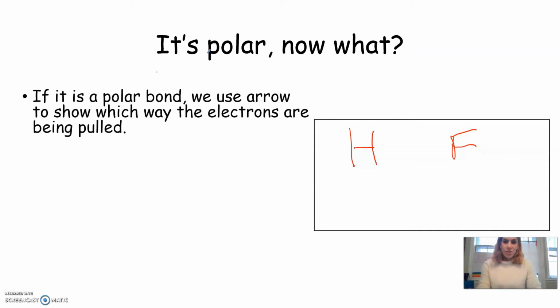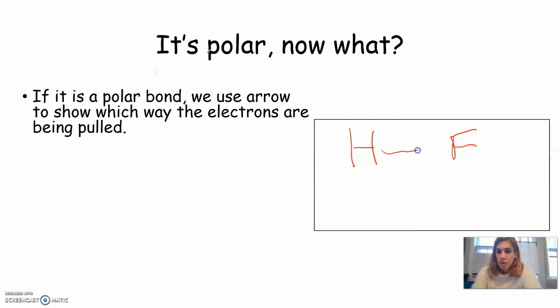So if I were to do this, I need to make sure that it's polar. So first of all, these are between two nonmetals, hydrogen and fluorine, both nonmetals. So it is molecular. Is it between carbon and hydrogen? No. Is it diatomic? Meaning, is it two of the same element? No, there's one hydrogen, one fluorine, not the same element.